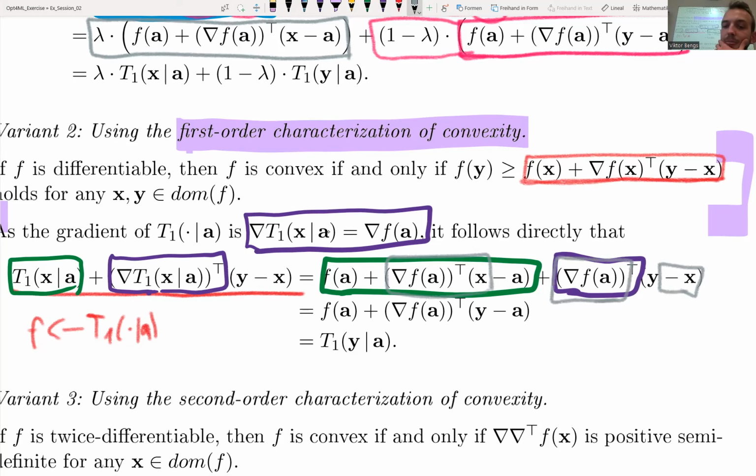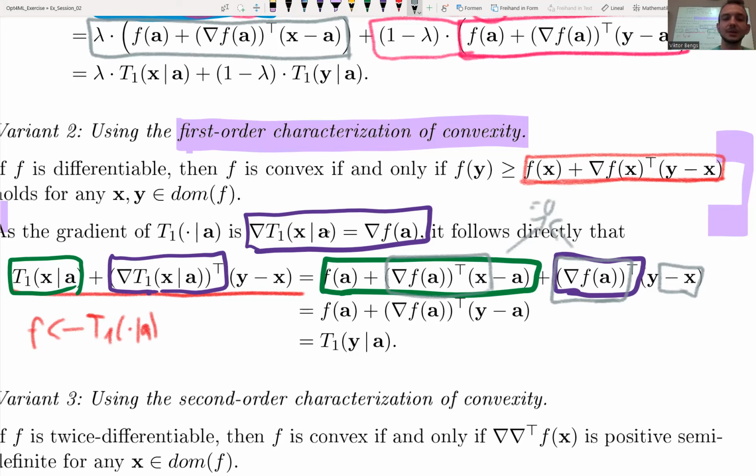They are canceling out. And so this is 0. And what remains is the inner product of the gradient of f at the point A with y, and the same with the minus a, also inner product but minus a, which we can write conveniently in that. But this is by definition the Taylor approximation of the function f at the point y. This is exactly the definition.